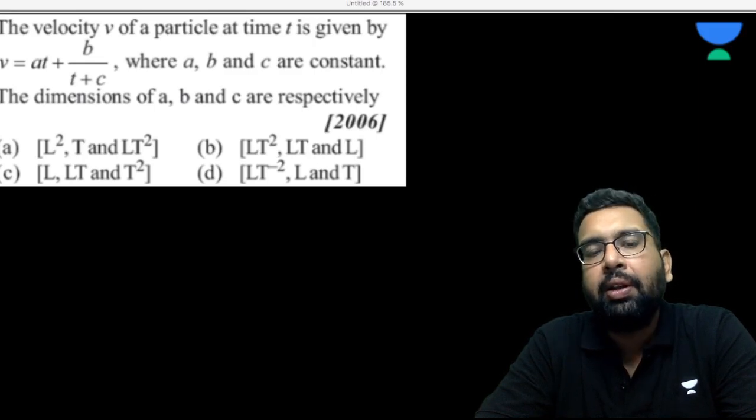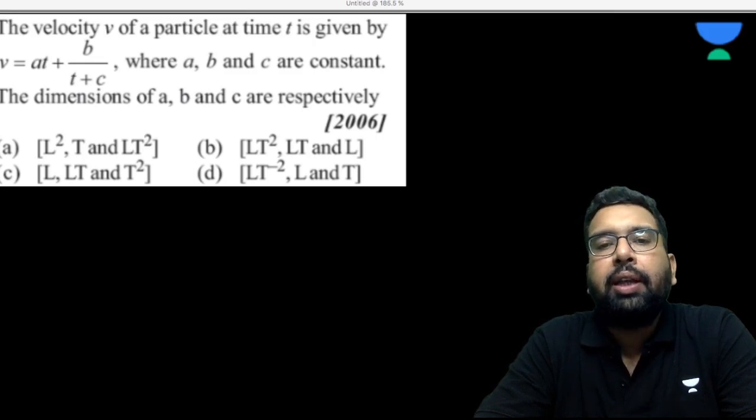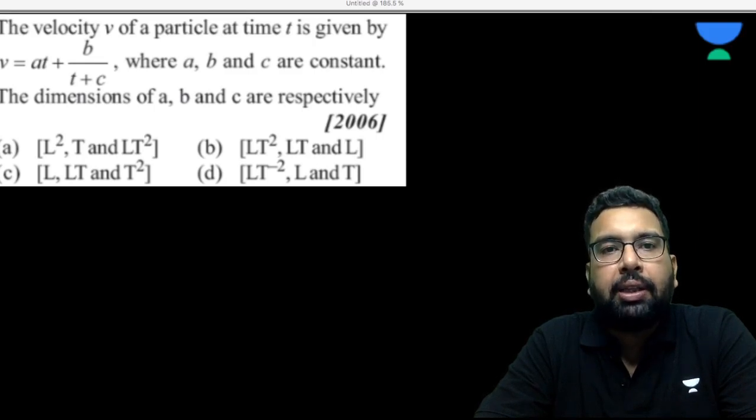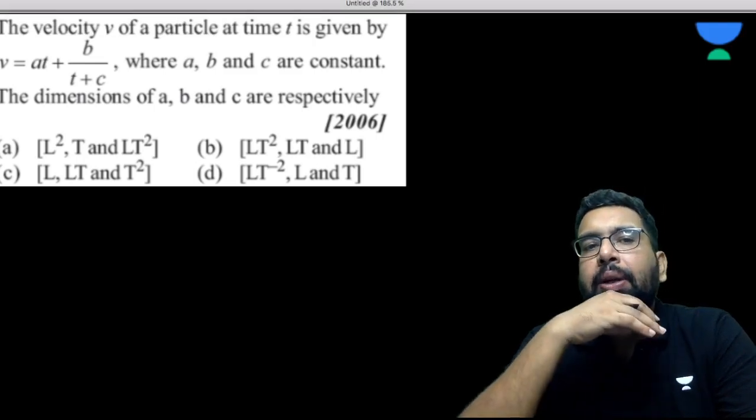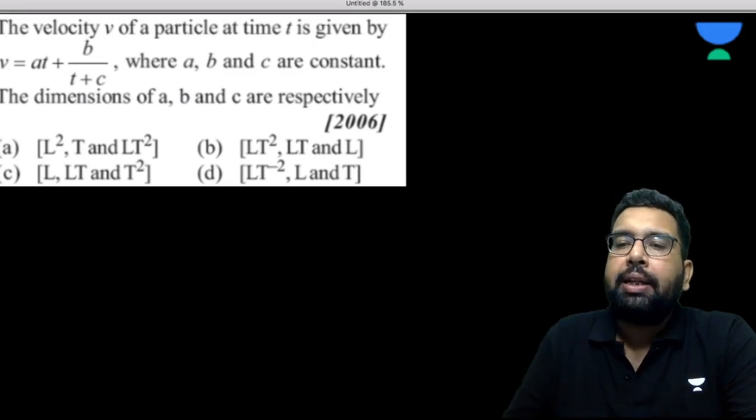Let's try this one. It says the velocity v of a particle at time t is given by v is equal to at plus b upon t plus c, where a, b, c are constants. The dimensions of a, b, c are. Now let's do it quite quickly. Please understand this.